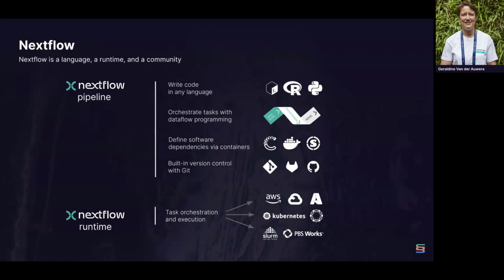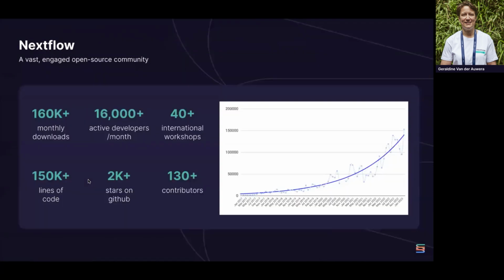And if you want to use multiple platforms, you can have a hybrid setup so that you can use the right infrastructure for the right workload. So that's, from a technical point of view, at a very high level, what Nextflow enables you to do.